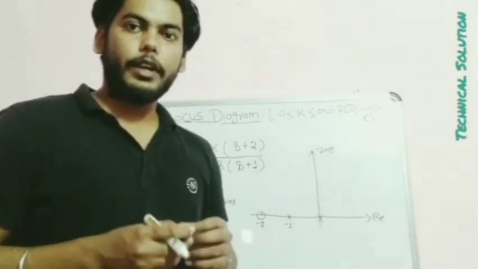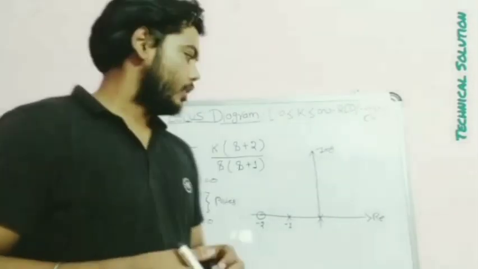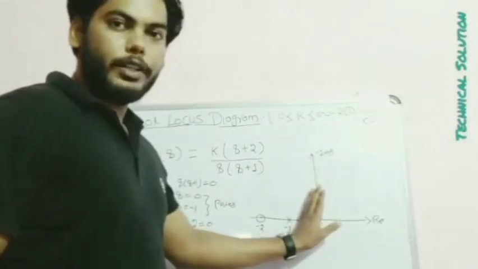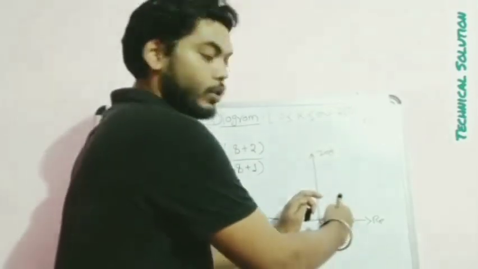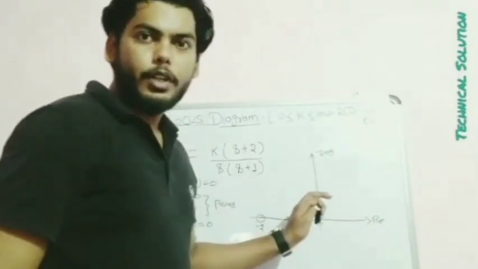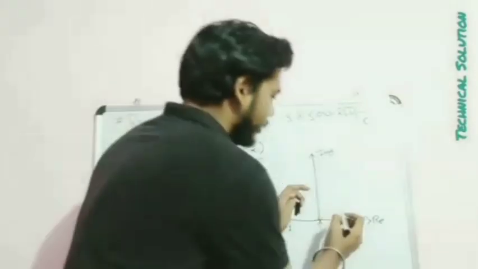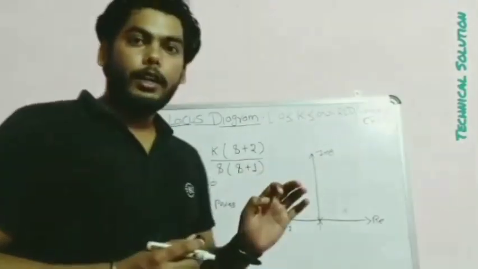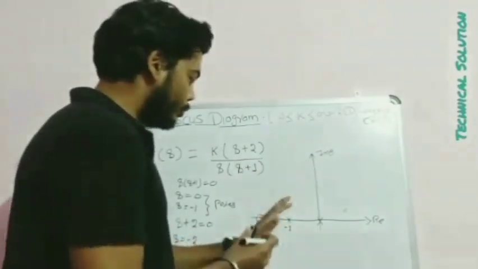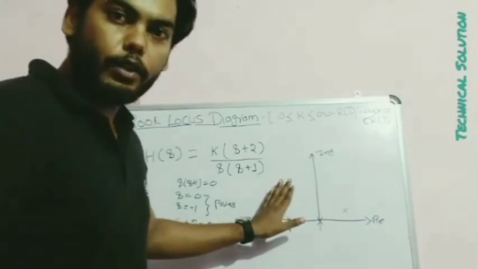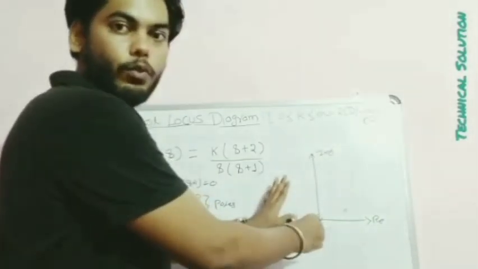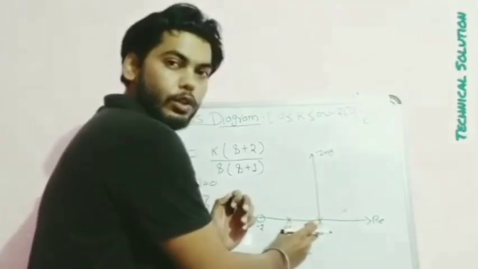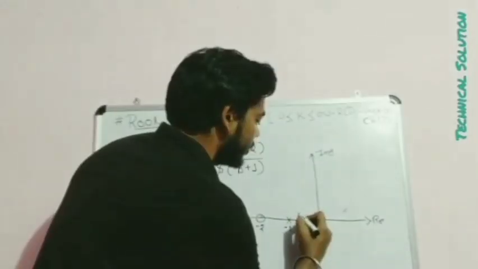Our main point is where the root locus diagram exists. From point 4, if we put our hand on the position to the right of 0, then there are no zeros and poles present on the right side. So the root locus diagram is not present here. But if we put our hand on the minus 1 location, then we see that one pole is present on the right side. So we can say that at this location we find the root locus diagram.